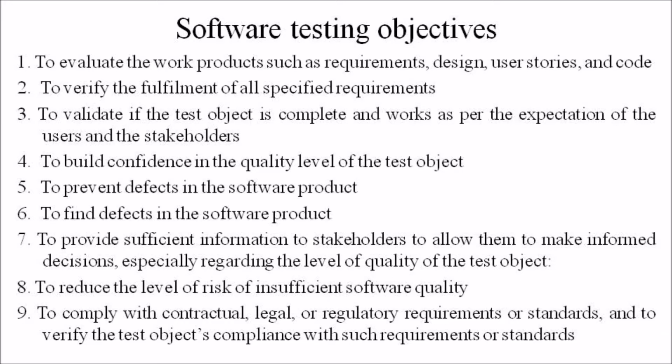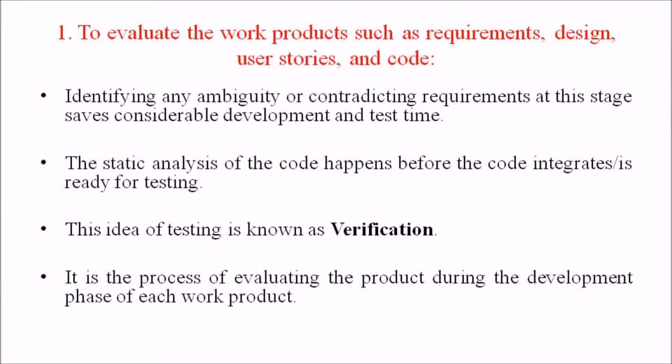And eighth point is to reduce the level of risk of insufficient software quality. And finally, to comply with contractual, legal or regulatory requirements or standards, and to verify the test object's compliance with such requirements or standards.